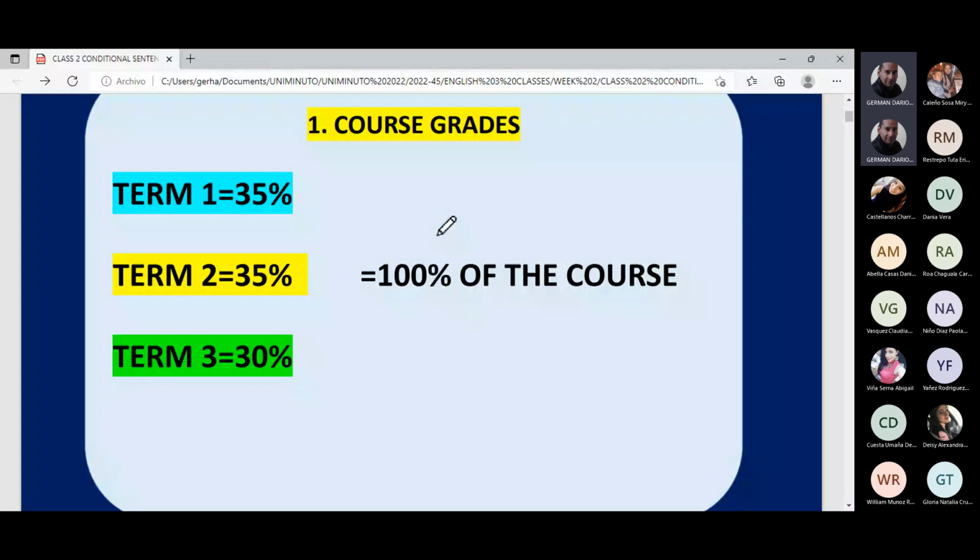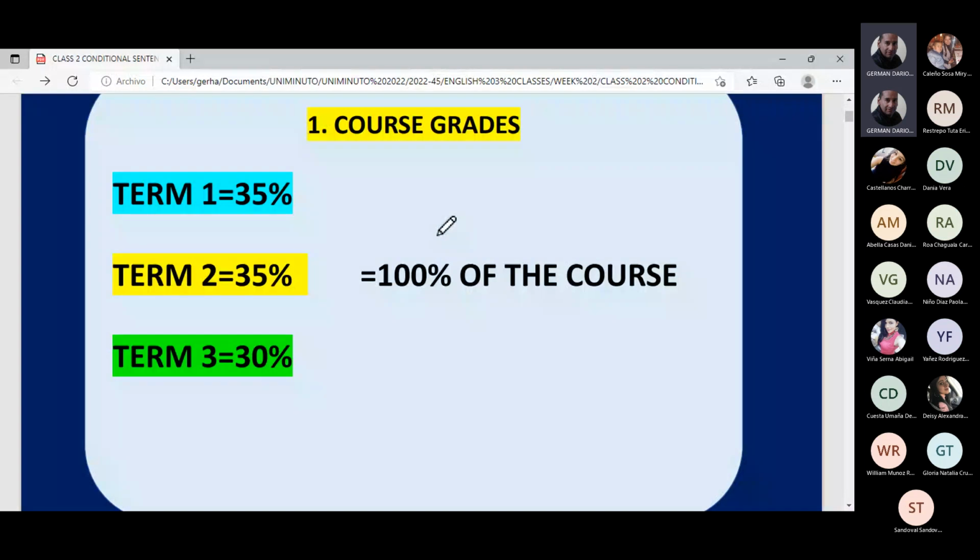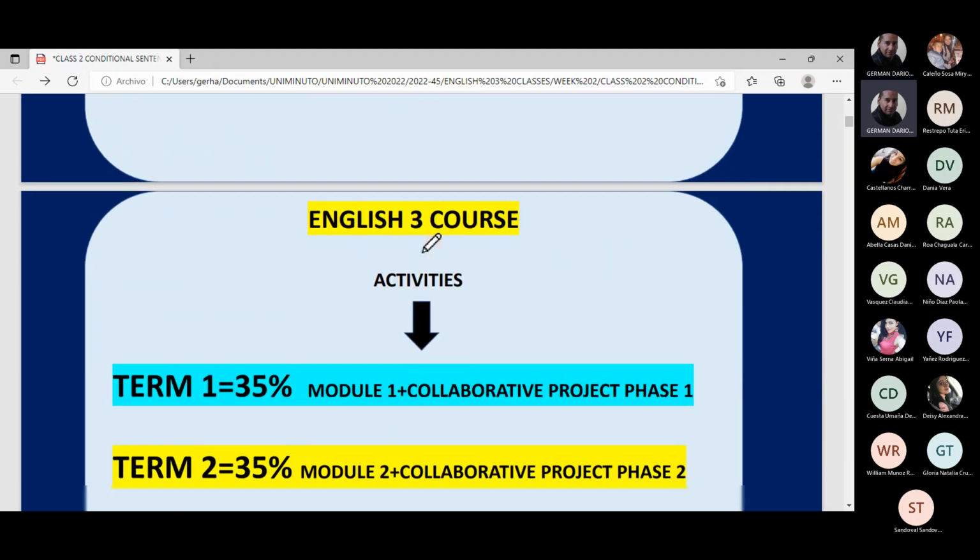As I told you at the beginning of this class, I'm going to explain to you the course grades for this term. Remember that we have 3 terms and every term corresponds to 35%, and the third term corresponds to 30%. When we add this, remember that we get 100% of the total course.